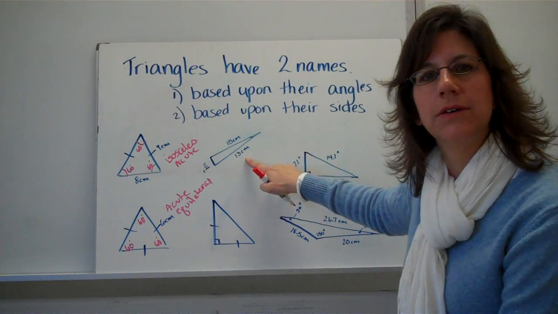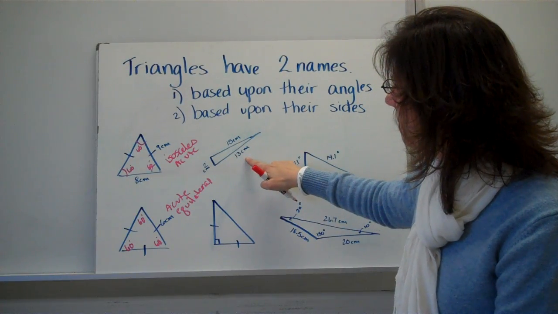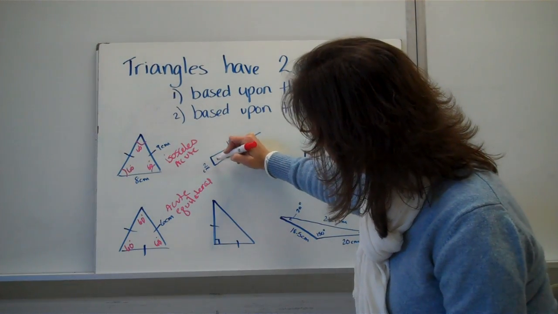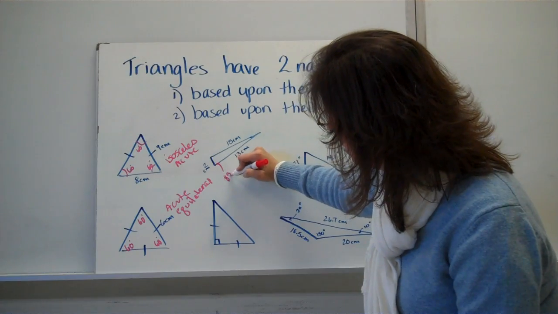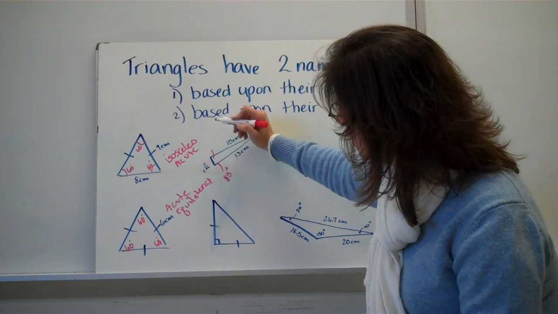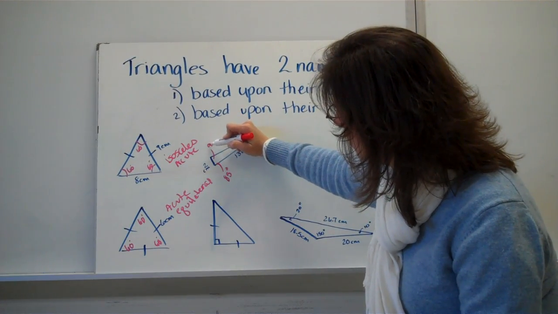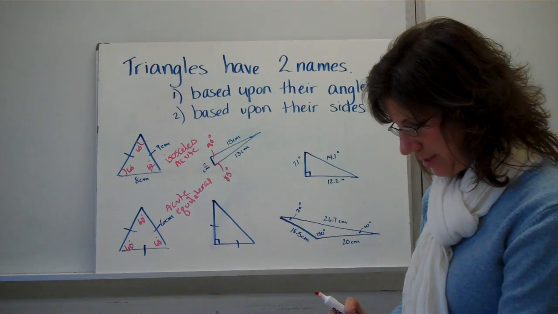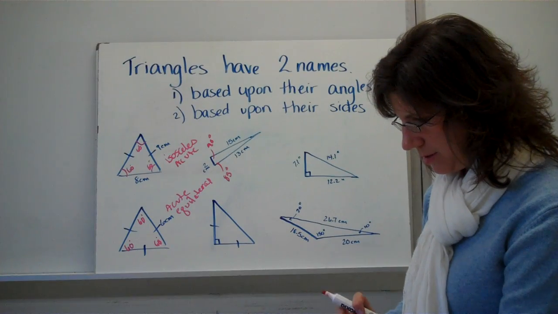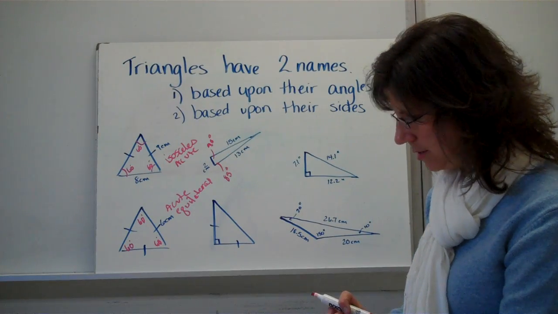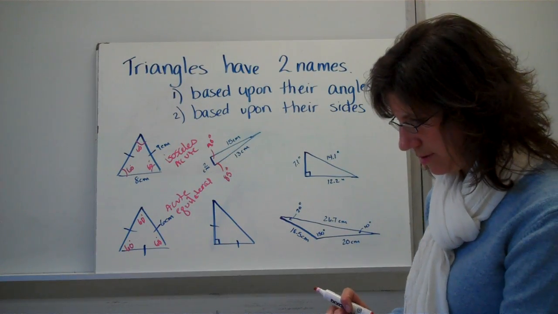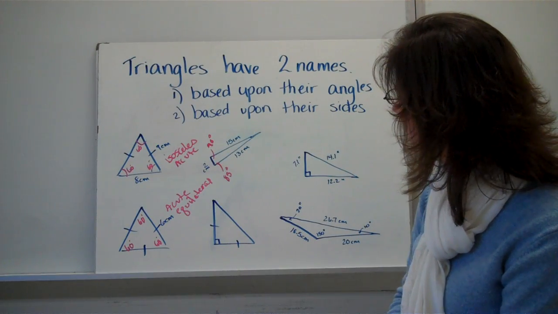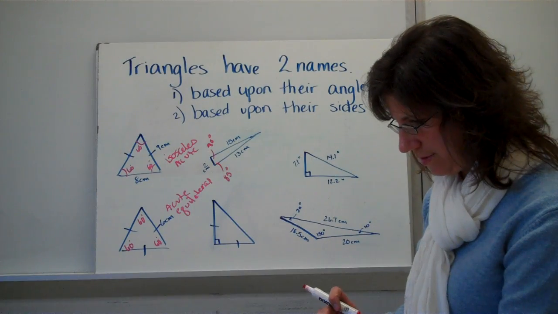Take a look at this one. Let me put some angle measurements in. Let's say this one was 85 degrees. And this one was 70 degrees. And let's see, 70 and 85.